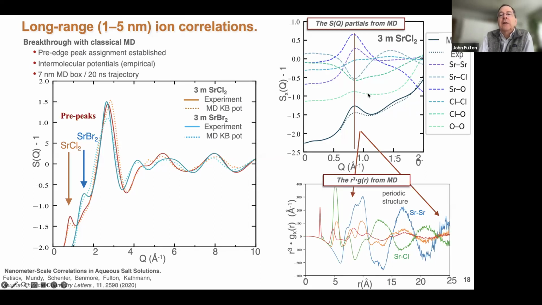In your case, you'll be looking primarily at the anion contributions when you're making this measurement with X-rays. Yeah, correct. And we also do neutron scattering to look at the solvent. Yeah, neutron is good for lithium, in fact. There's a good scattering cross section for lithium, so you can hope to pull out that partial. Yeah, correct. Thank you, John.